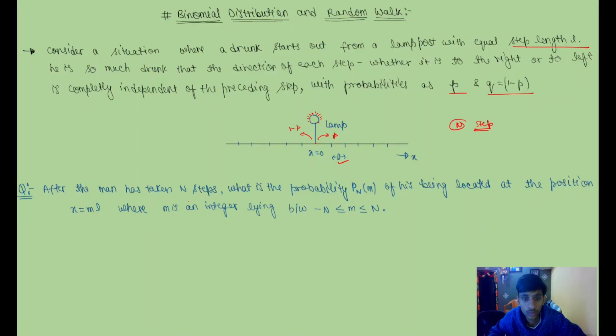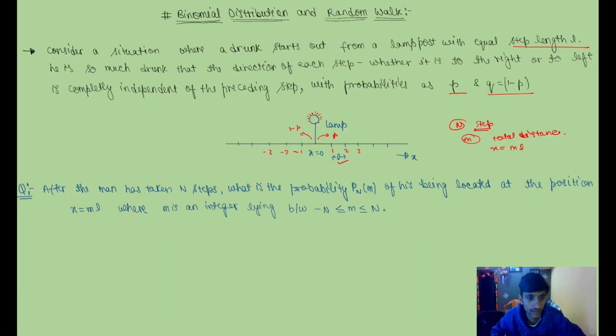And now I want to know the probability that he will cover a total distance of m, which will be equal to m times L. Here m is some integer, because he will be moving like x equal to 1, 2, 3, and towards the left, I can write -1, -2, -3, and so on.